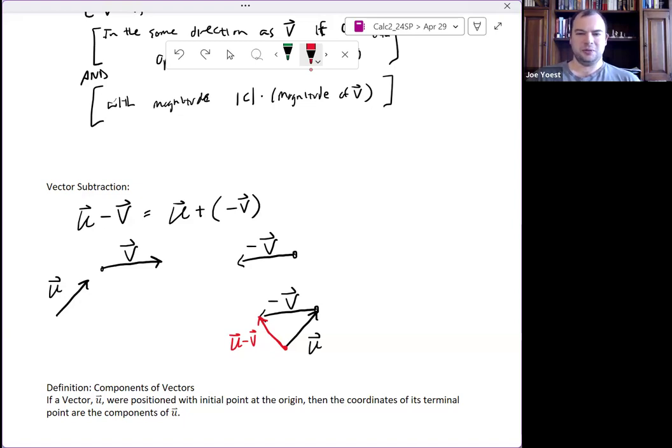Or in other words, we know that for negative v we're swapping initial and terminal points, so we could look at the original v and just put the terminal points together and go between the initial points with respect to the original v. So that's how we get u minus v.